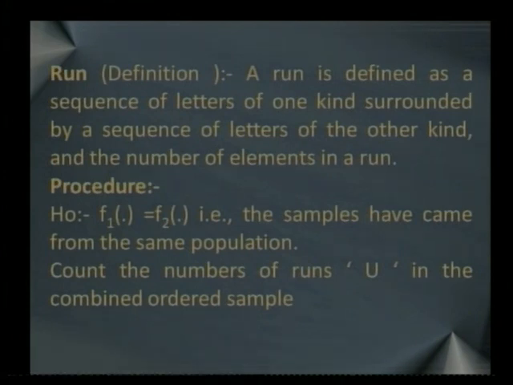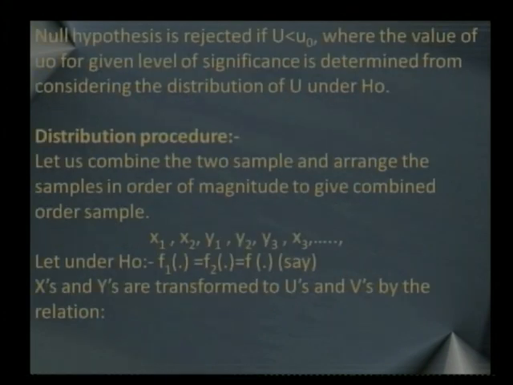Here I have defined the run and then the procedure starts. Combine the two samples and arrange them in order of magnitude to give a combined ordered sample, like x1, x2, y1, y2, y3, etc. Our null hypothesis is f1 equals f2 equals f, which means both samples have the same probability density function.